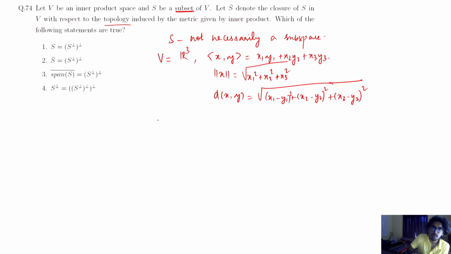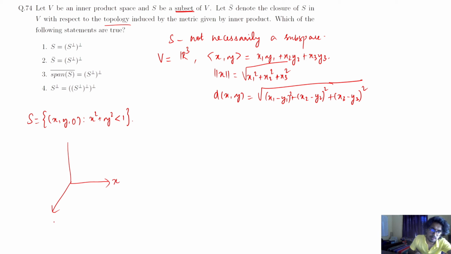Now let me choose the set S to be the collection of points (x, y, 0) such that x squared plus y squared is smaller than 1. This is my S. Let this be x, let this be y, and let this be z.